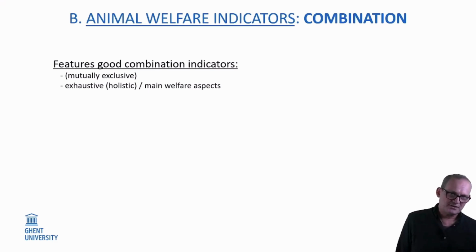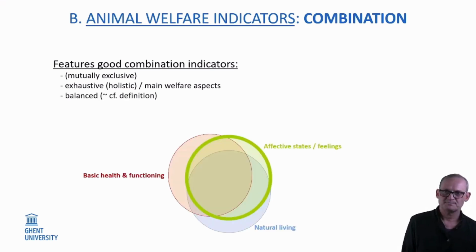There's also the discussion, depending on the application: do you want as complete a welfare assessment as possible, or do you want to focus on doing as many farms as many times as possible, at the expense of being complete, focusing on only the most relevant welfare aspects?